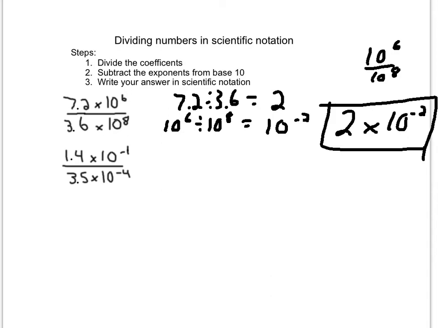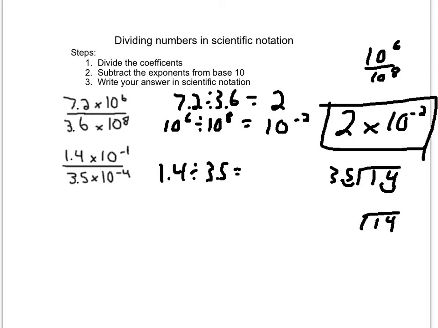Alright, now we've got one more example with division here. So again, first thing we're going to do is take the top number and divide it by the bottom number. So I'm going to take 1.4 and divide it by 3.5. I'm going to move the decimal places over once and rewrite this as 14 divided by 35.